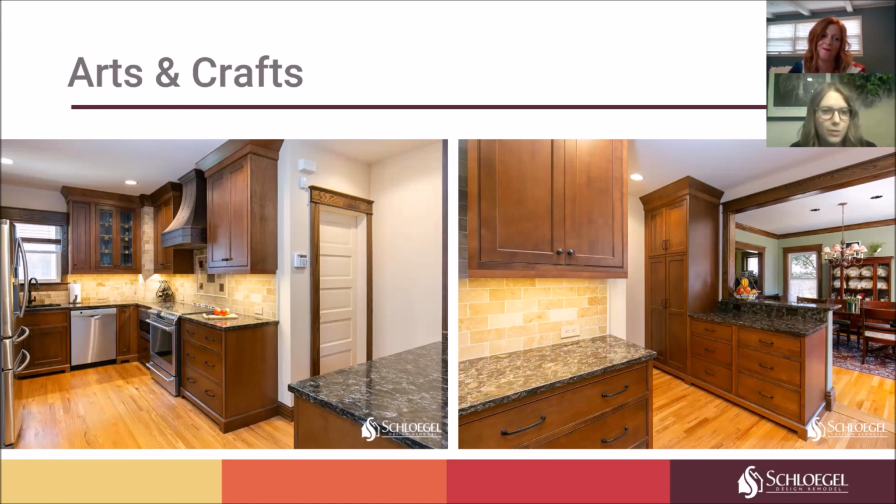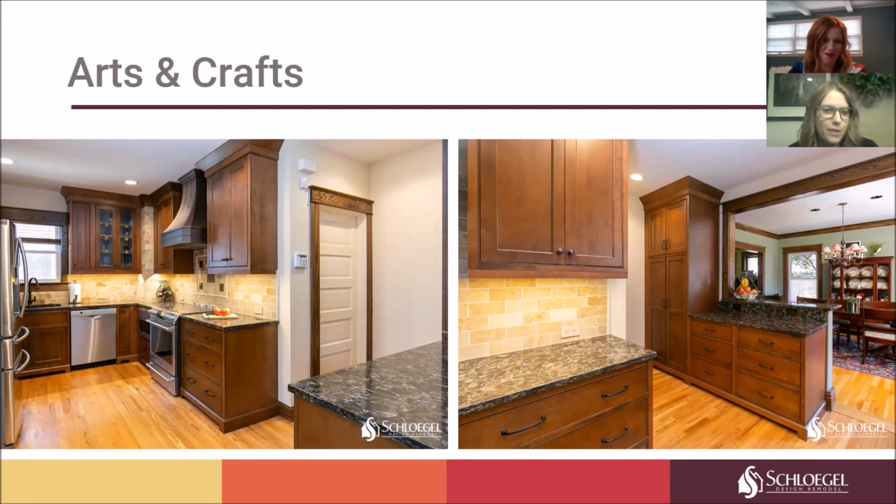So you can see that little bump out there. There's another one on the other side of that room, and it's a literal brick chimney that goes up through the space that we couldn't remove. Well, we could have removed it, but it would have been a lot more cost involved. So we worked around it.